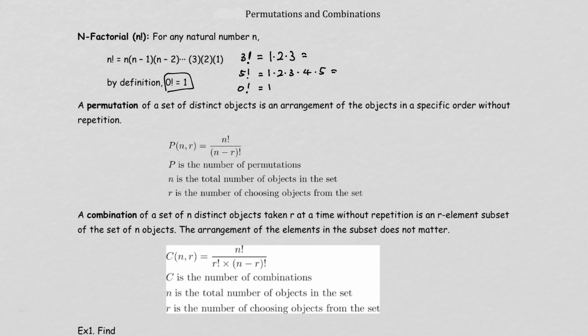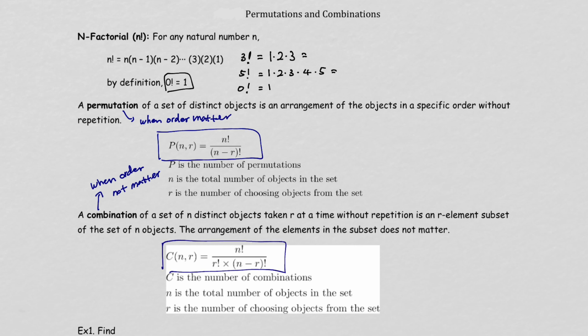And we have permutations here with their definitions, and combinations here with their definitions. But the bottom line is, you use permutations when the order matters, and you use combinations when order does not matter. And here is the formula for permutations and the formula for combinations. What do those letters stand for?